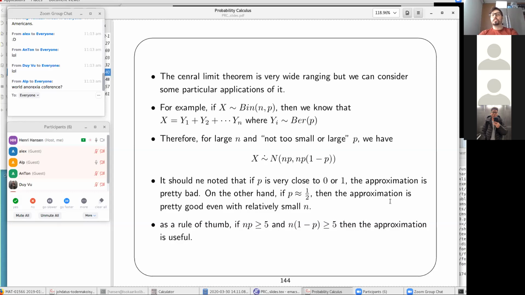Because when you start resembling the normal distribution, then 5 sigma events become pretty rare. But this is just a rule of thumb and not a hard truth of any sort. The binomial distribution is a relatively well-behaved one that gives us a pretty good normal approximation under these assumptions, of course.